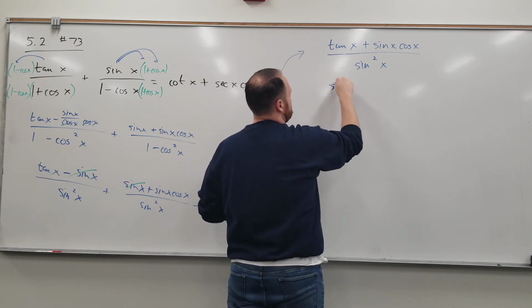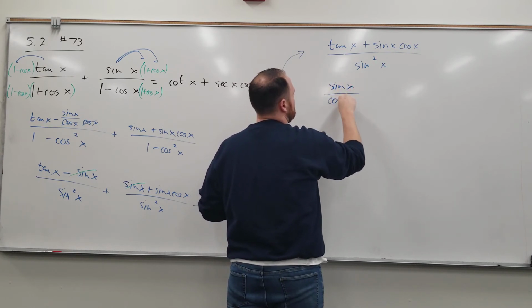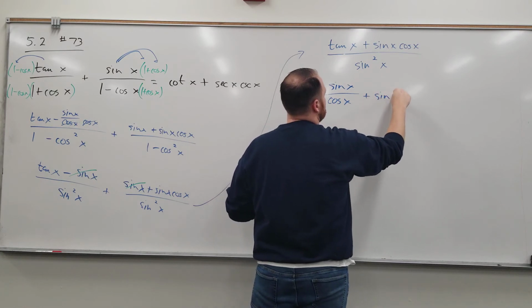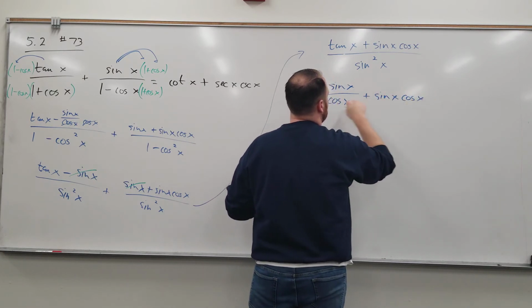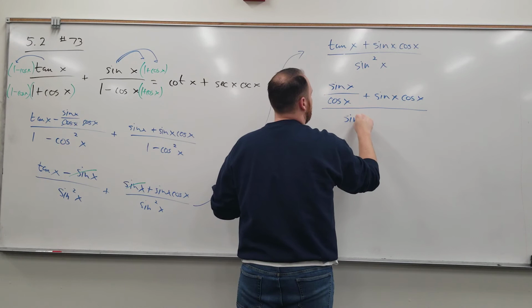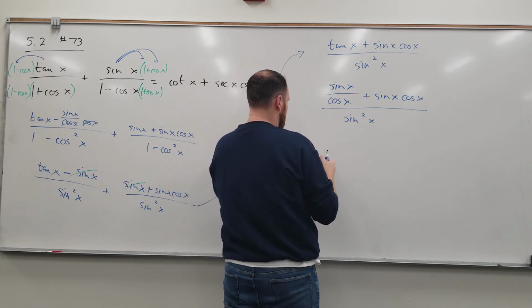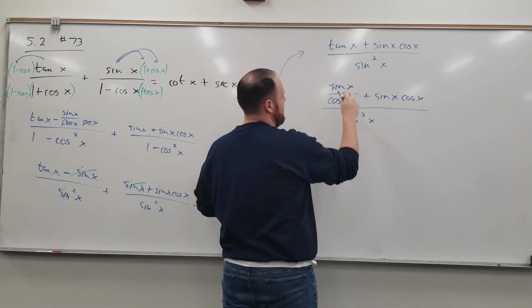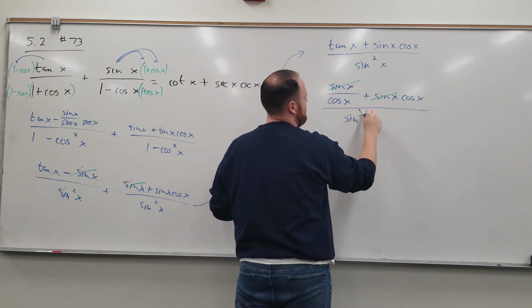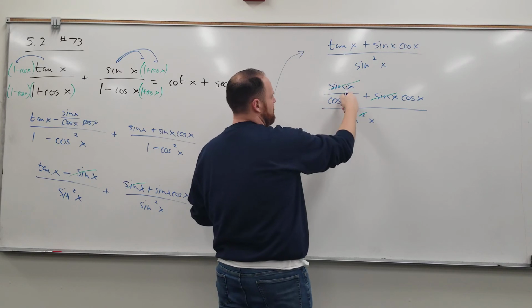So here's what I was thinking. Now factor out the sine x. Well, and I'm just going to go ahead and cancel. So sine x cancels there, and one of those. So now I've got a 1.